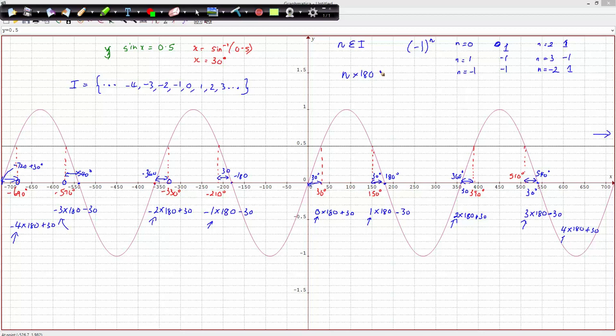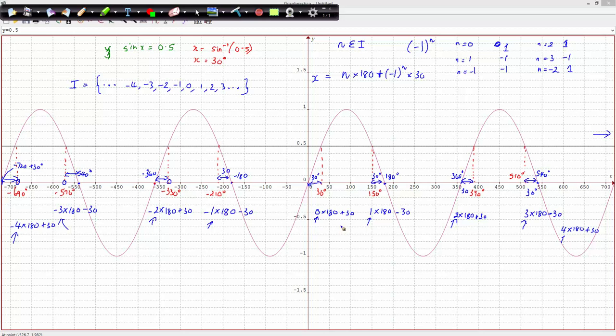So maybe we can go plus -1 to the power of n times that 30. Would that work? Would that give the solutions? I think so. Make n 0, 0 times 180, and that would become equal to +1, so plus 30.